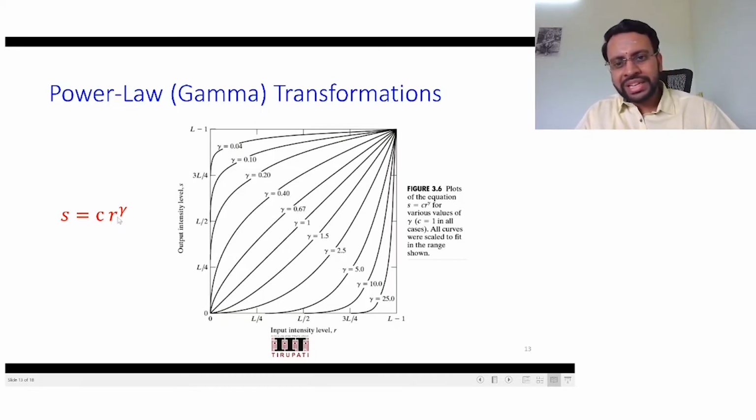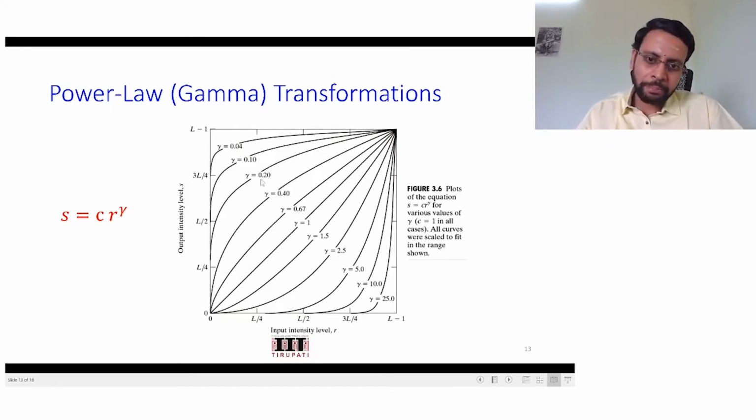You are going to raise it to the power of gamma and then scale it with C. Since you are raising R to the power of gamma, this is commonly referred to as gamma transformations, and the output intensity is S. On the x-axis you have R, on the y-axis you have S. Assume that for the time being C equal to 1 and take gamma equal to 1, for example. Then you get a linear transform, which means S equal to R. They are mapped to the same intensity values.